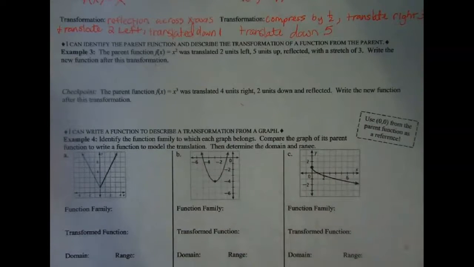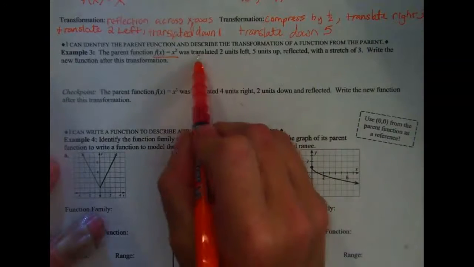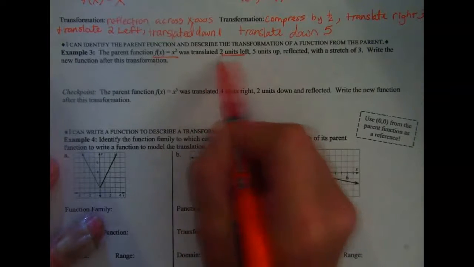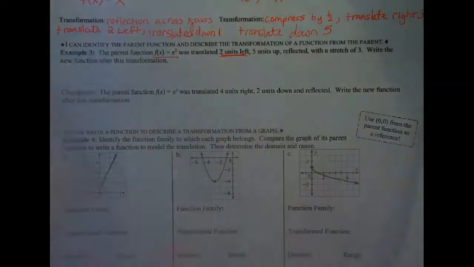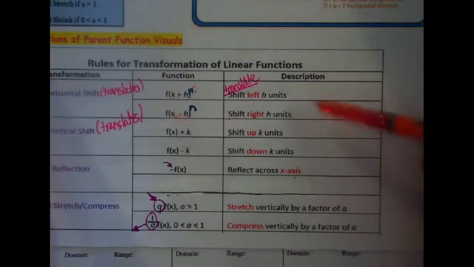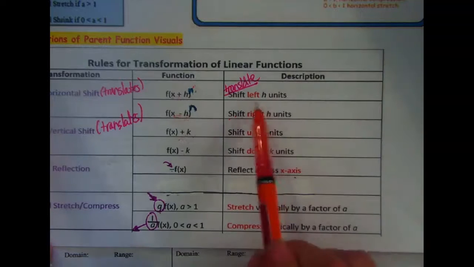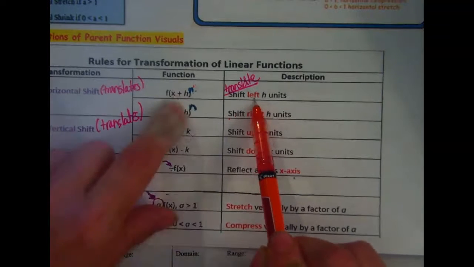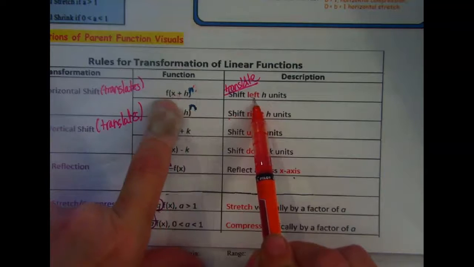So if our parent function is this, and it's translated to the left, I'm going to go to my chart and look for to the left. I have to look at the description over here. Left. Oh, right here. That means I'm going to put x in parentheses, and it's going to be x plus 2.